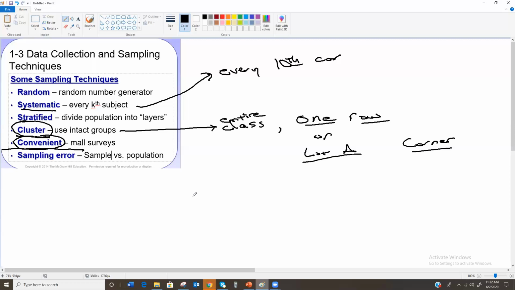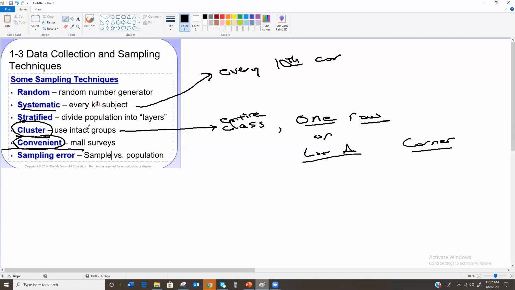A lot of times you have to be in a specific spot, which then means that the people you're sampling have some attributes just from being in that location. It's definitely not random. Does anybody have any questions on random, systematic, cluster, or convenience?